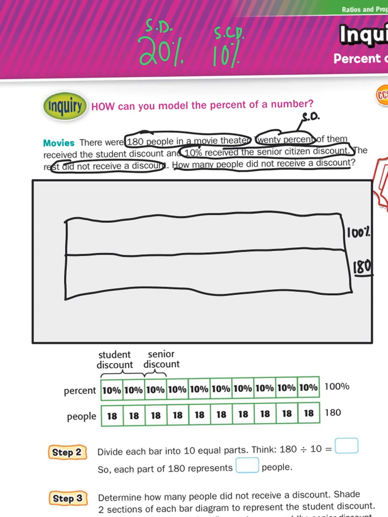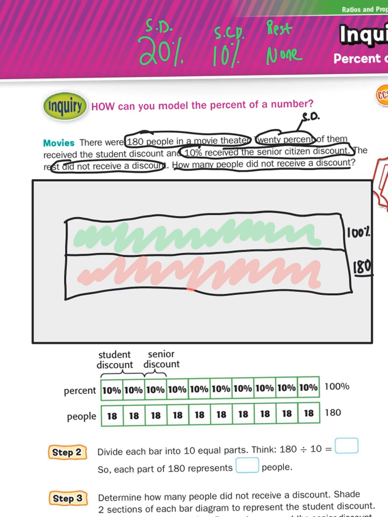And the rest receive none. Now, what we have to find out is how many people did not receive a discount. They give us the percents, and when they give us the percents, that's this bar. Anything about the number of people is this bar.